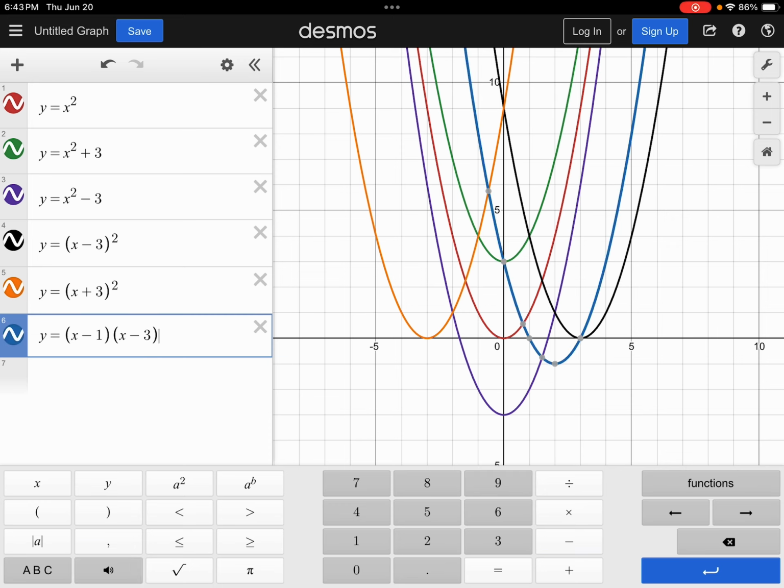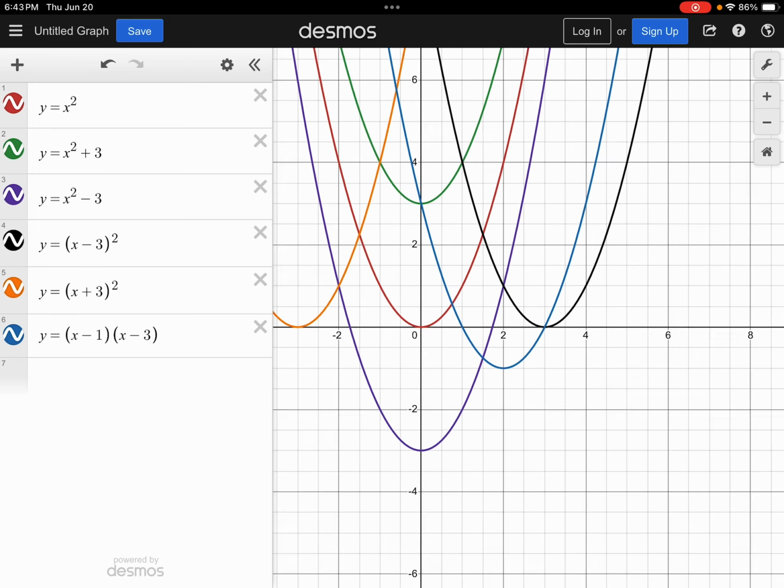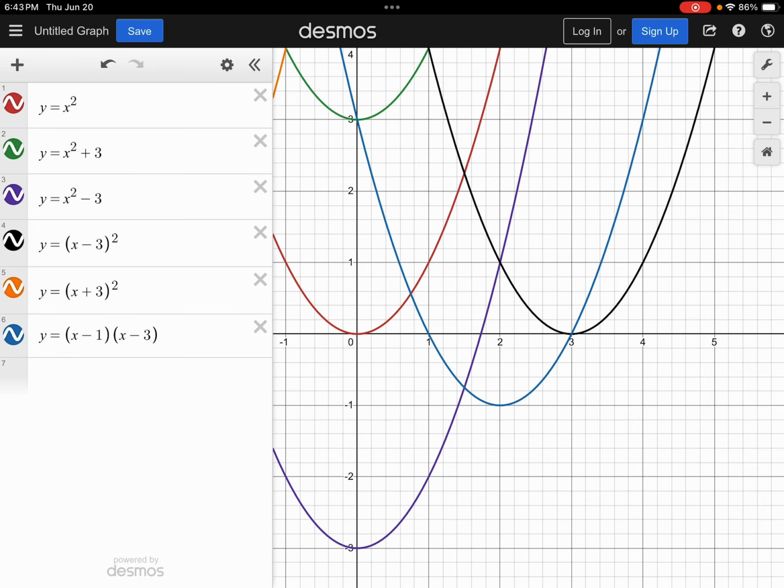Based on this equation, this is the factored form. You basically just solve the equation. If you know how to solve or factor a quadratic equation, you will know that for this equation, x equals 1 and 3. So those are our intercepts.